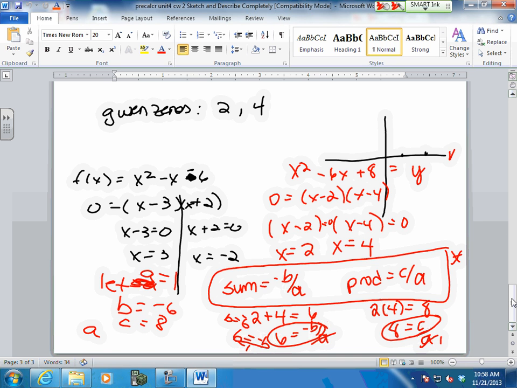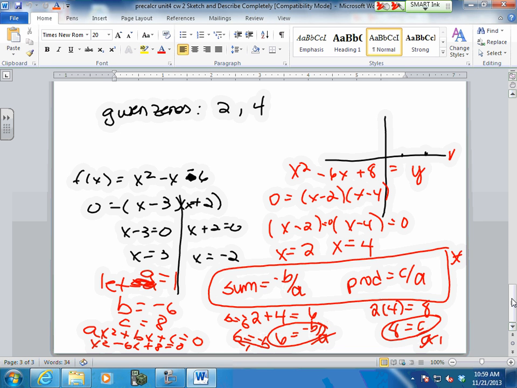So, ax squared plus bx plus c equals 0. Plug them in. x squared minus 6x plus 8 equals 0. Isn't that what we came out with?